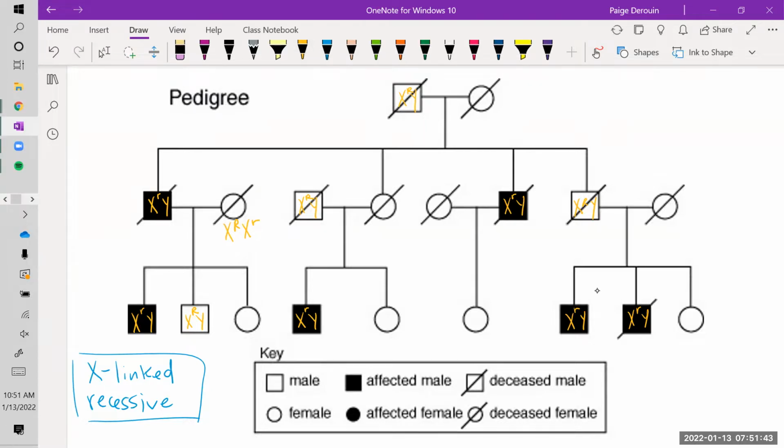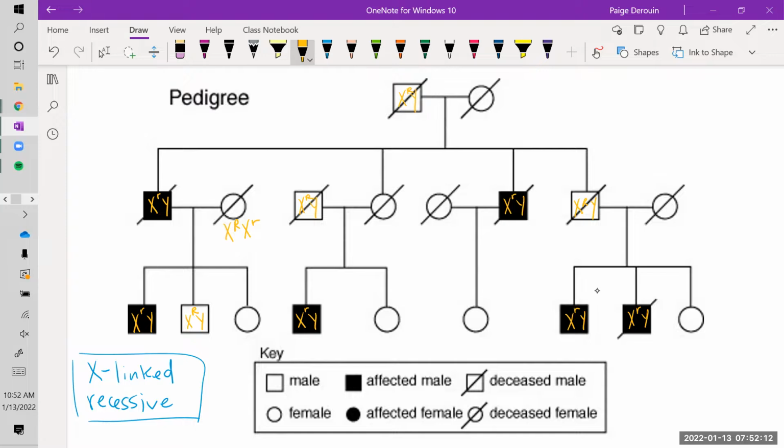Let's see how we got that. To figure it out, you look at her sons, because to be sons, they had to get the Y chromosome from their dad, which means if you're a boy, you got your X chromosome from your mom. Whatever's on it, that's what you got. So this son here had to get this X small r from his mom because he got his Y from his dad. Okay, so she has to be a carrier.